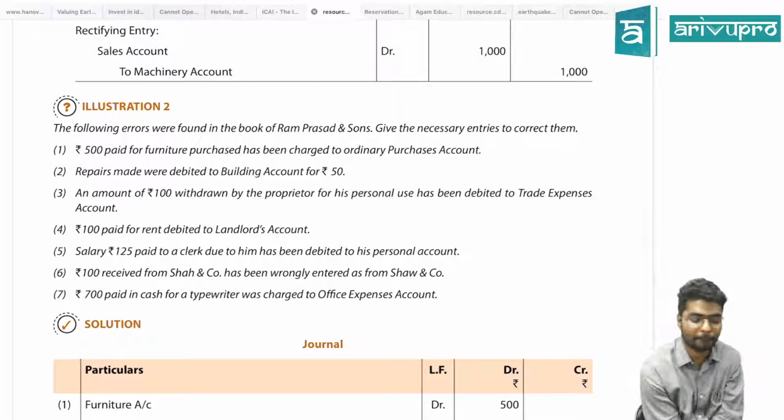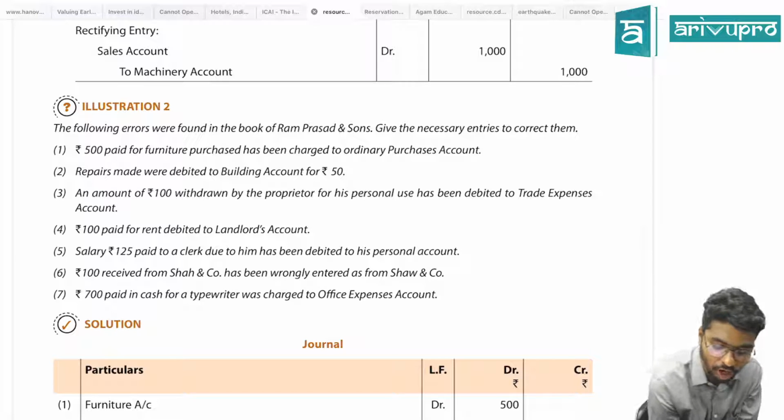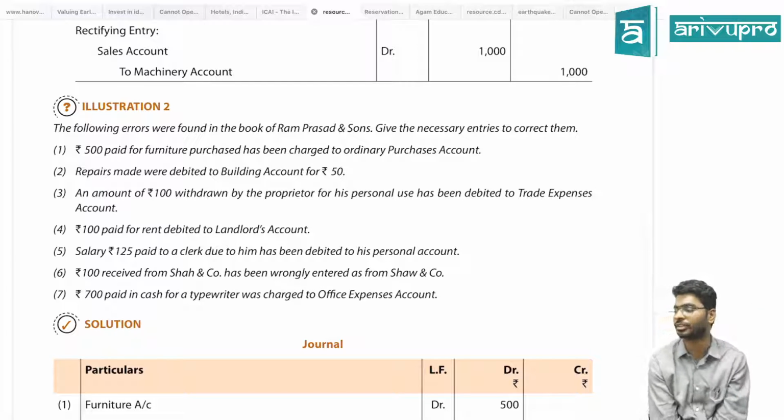Next one, fourth one. Rent 100 paid for rent debited to landlord's account. Correct entry is rent account debited to cash account. But instead of that, who has got the debit? Landlord has got the debit.